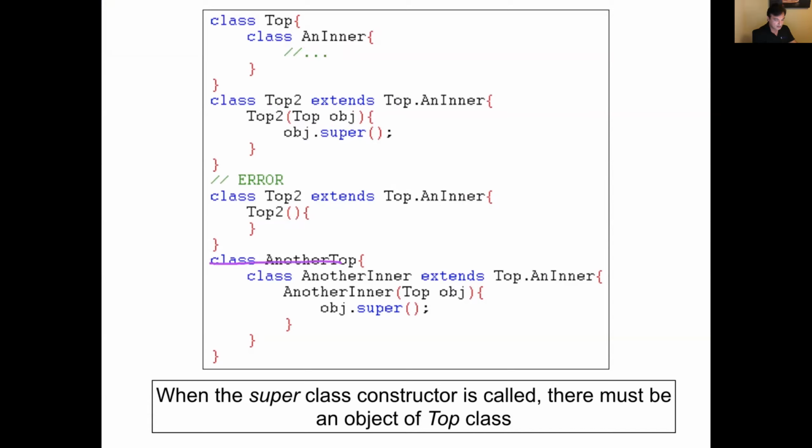I have a class, and this time I have an inner class that extends top.inner, okay? And then I have a constructor. Again, I will need an object of the top level class before I can make a call to the superclass constructor, which is an inner constructor.